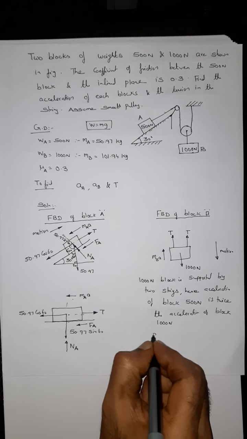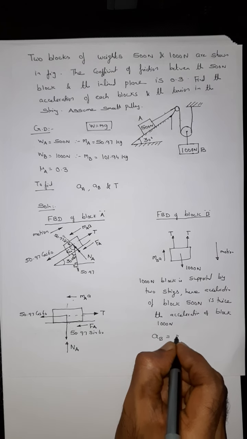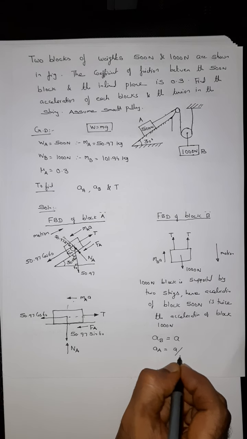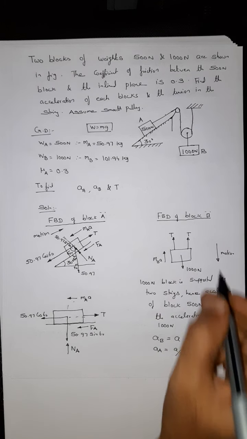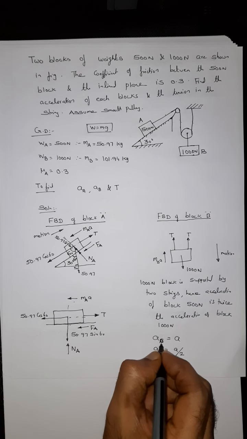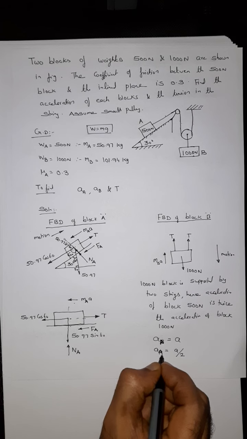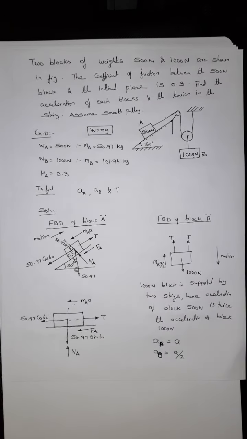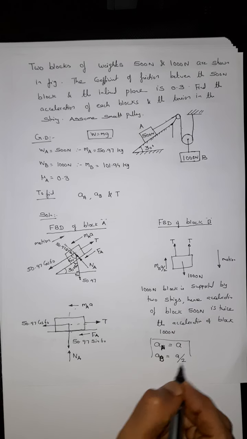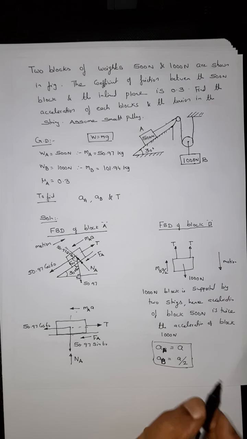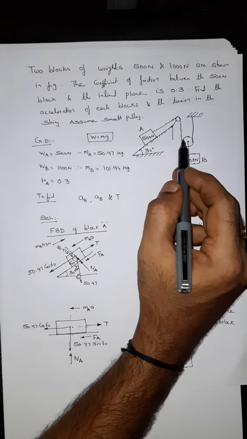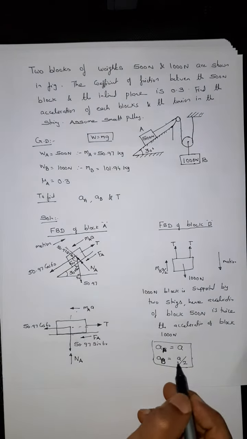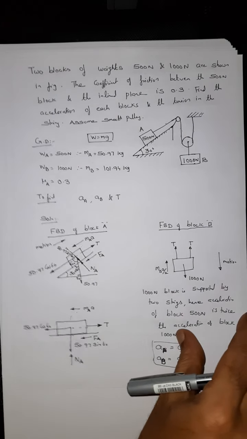Therefore, AB equal to AA by 2. Sorry, this is AA and this is AB. Therefore, here I mention A by 2. So remember this: when a pulley is supported with two strings, the acceleration would be A by 2.